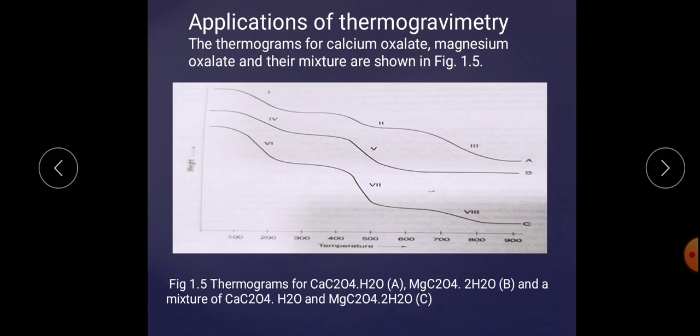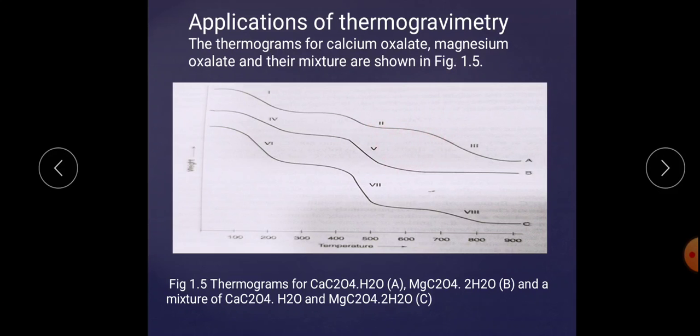Hence, this second region of weight loss is between 400 and 500 degrees Celsius because of the conversion of calcium oxalate to calcium carbonate with a loss of carbon monoxide as a gas.